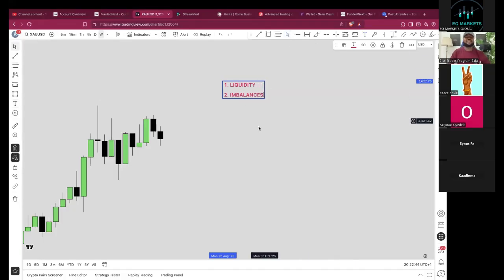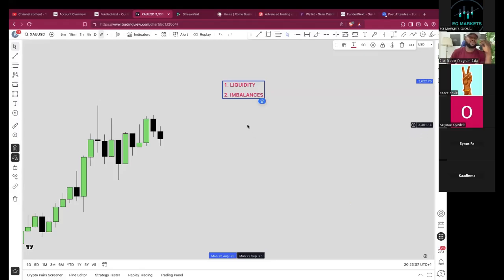Two things. These are the only things price is doing in the market. Targeting liquidity, balancing imbalances. Are you learning something? Are you guys learning something? Beautiful. So you are targeting liquidity or you are balancing imbalances.